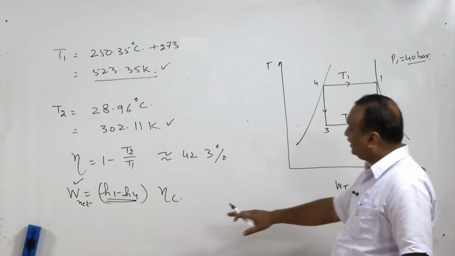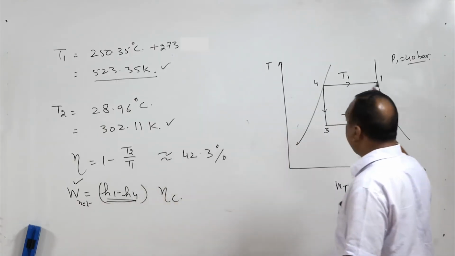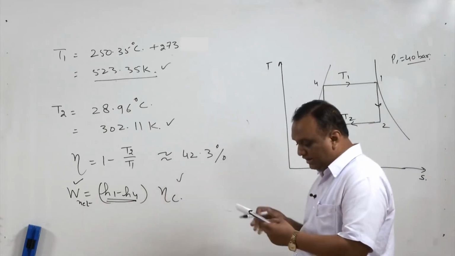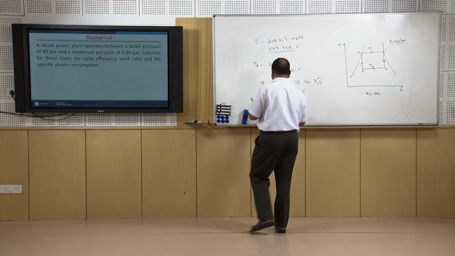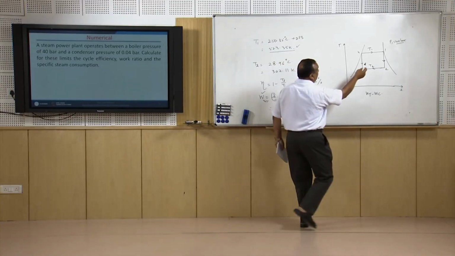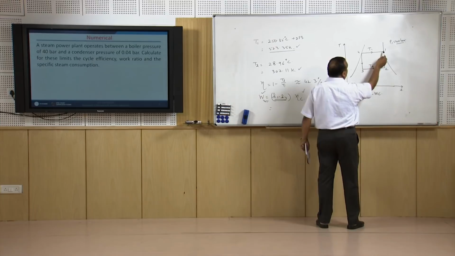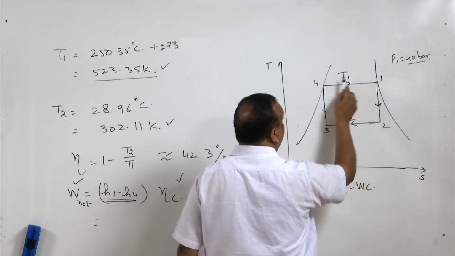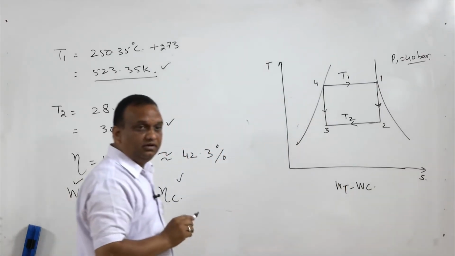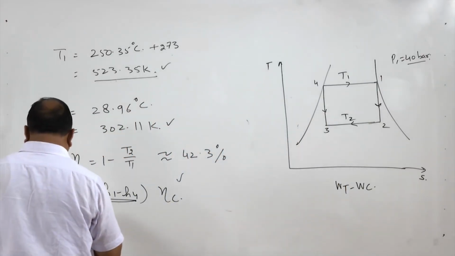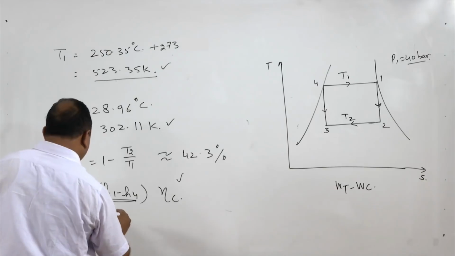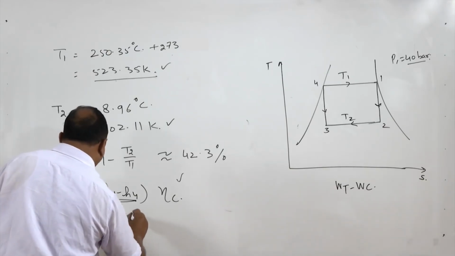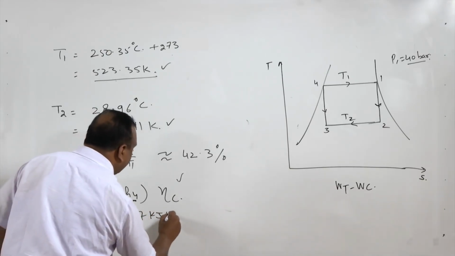So, the net work is H1 minus H4, heat supplied, multiplied by the efficiency. H1 and H4 you can take from the steam table, the enthalpy of saturated vapor and enthalpy of saturated liquid at 40 bar pressure. So, H1 and H4 will give you the net work as 724.7 kilojoules per kg.